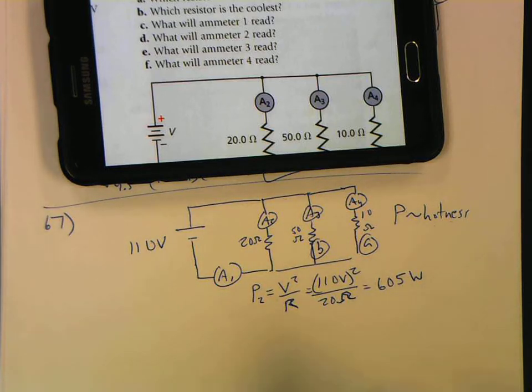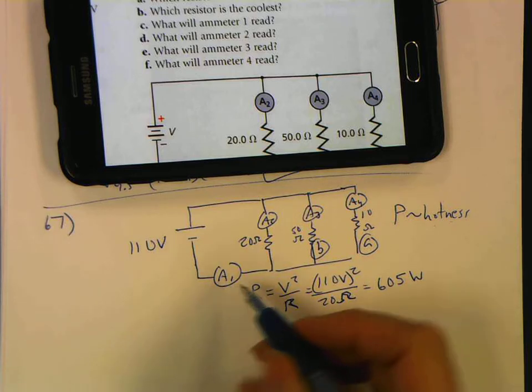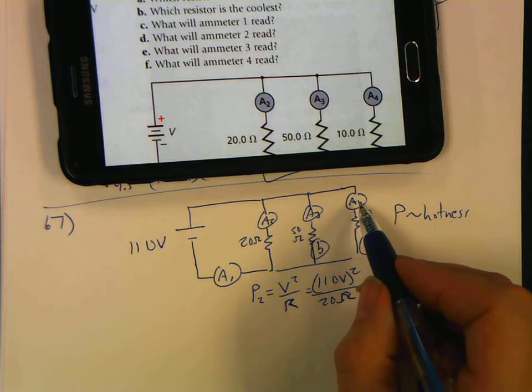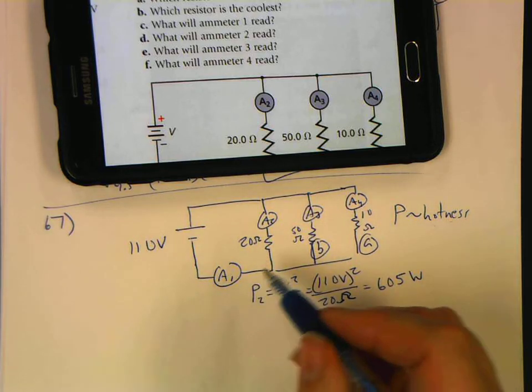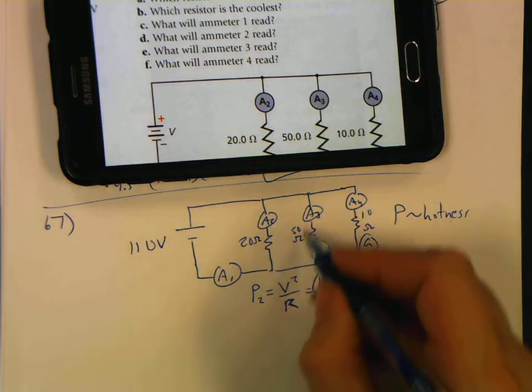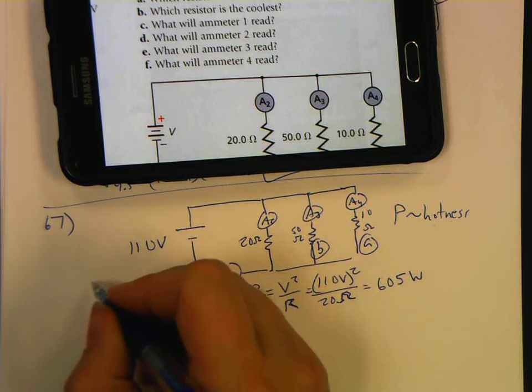Then they would like to know what the values are through the different ammeters. Now for C, they would like to know A1. For D, they would like to know A2, E is A3, F is A4. I would rather not start with A1 because we've got current here, plus current here, plus current here, giving us current A1.